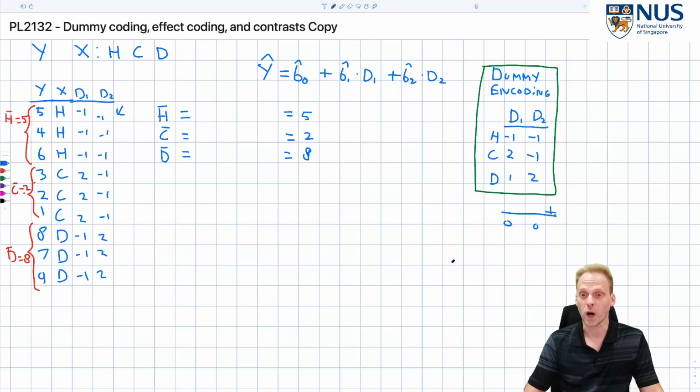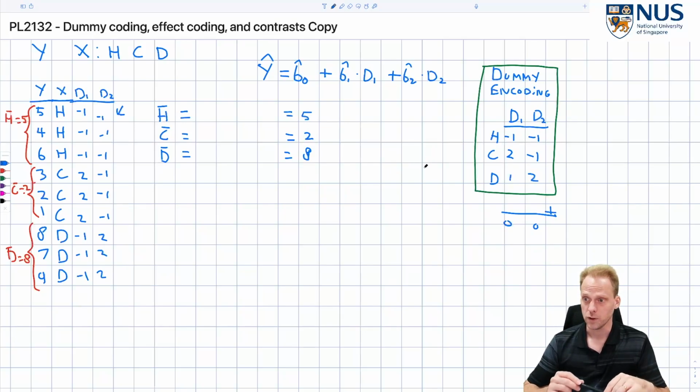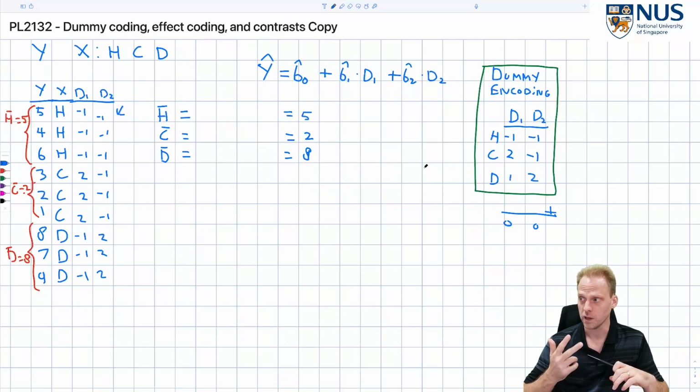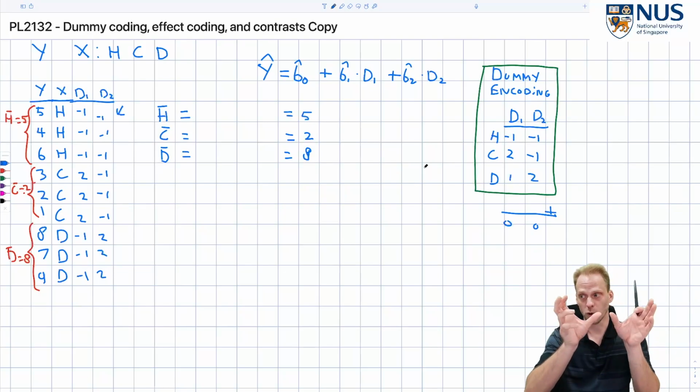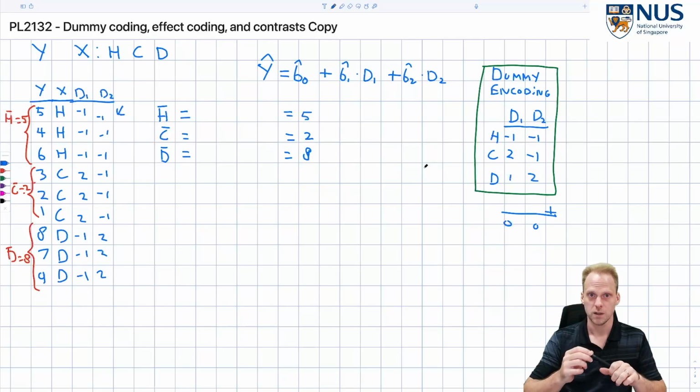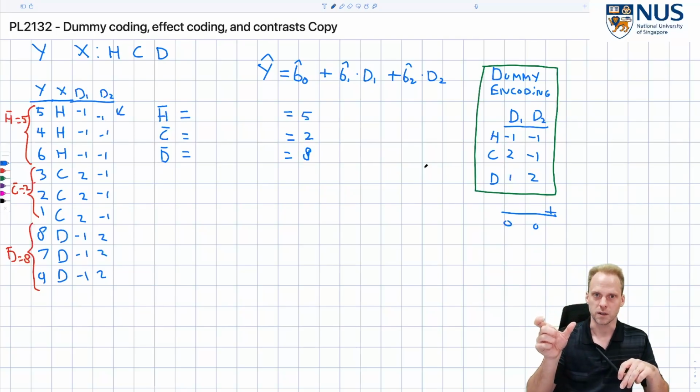Now the reason why this is done is because if you do a 2-way or 3-way or 4-way ANOVA, the significance of the main effect is based on type 3 sums of squares, which is based on the idea where you do this model with and without that main effect. And you still have an interaction effect there.